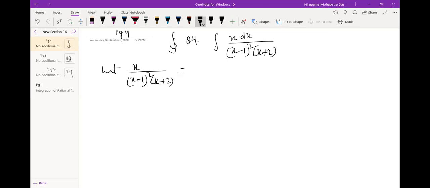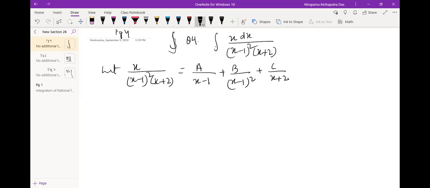You have a repeated factor x minus 1 whole square. So you can write a by x minus 1 plus b by x minus 1 whole square plus c by x plus 2. As you know, for x minus 1 whole square, x minus 1 is one of the factors and x minus 1 whole square is another factor. So we have to write all the factors like this.